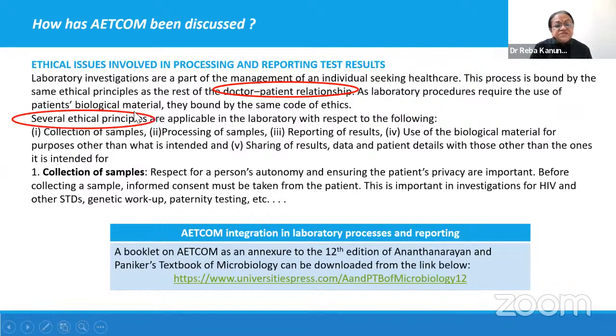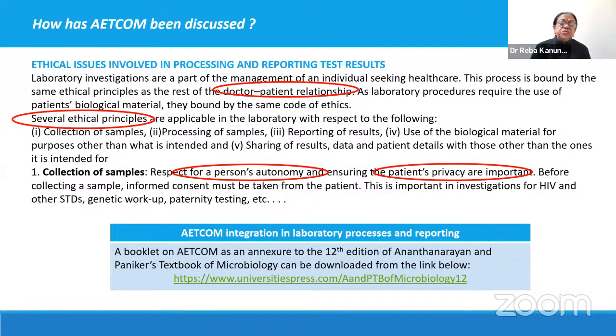And we've discussed several ethical principles which are applied to processing of samples, like the person's autonomy and confidentiality, which is very important in terms of laboratory processing.